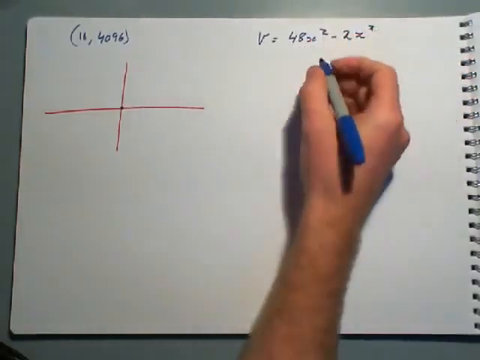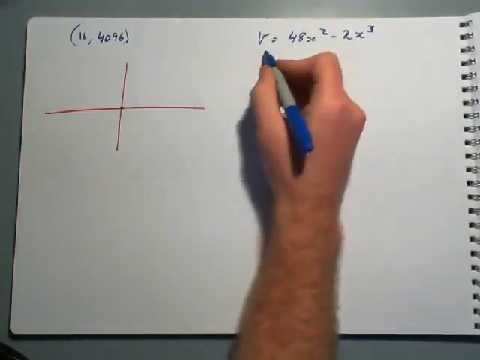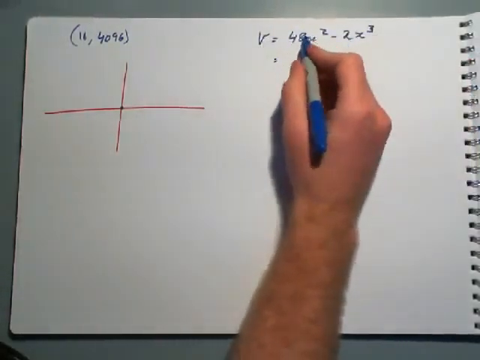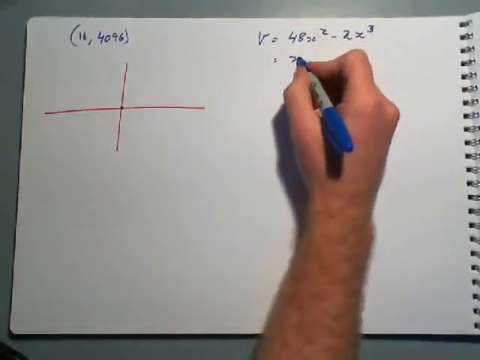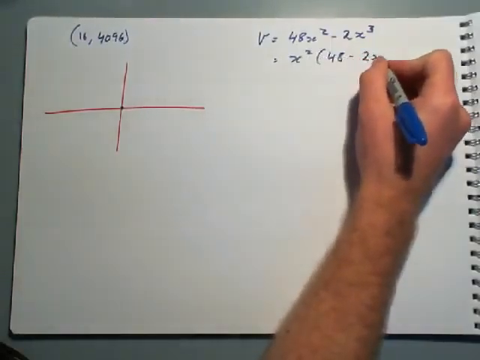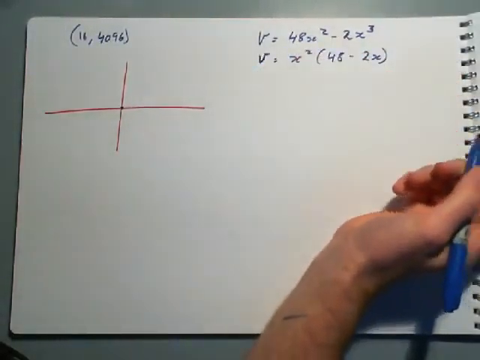So this was our formula for volume. Actually, let's factorise that a bit first. So that's our formula for volume.